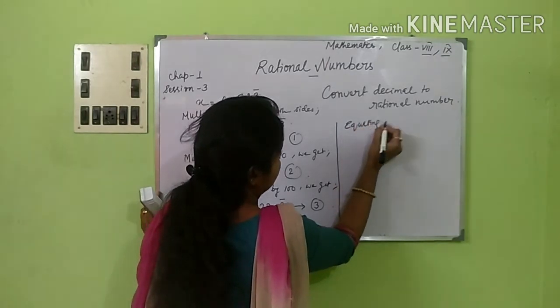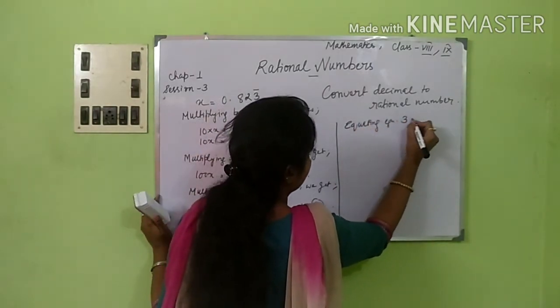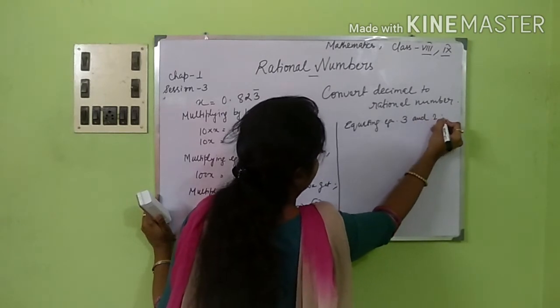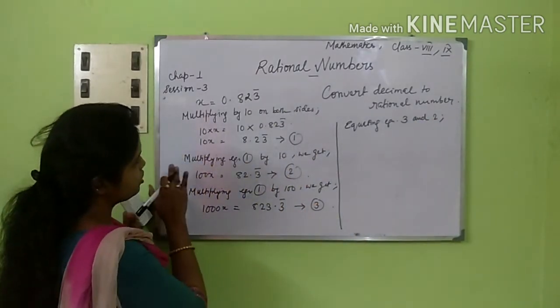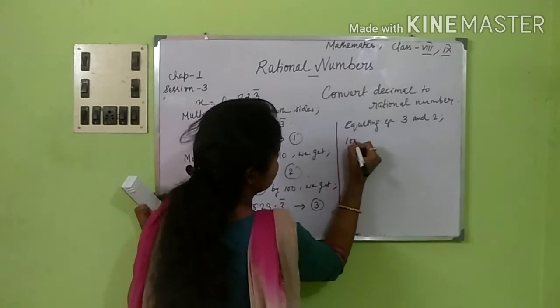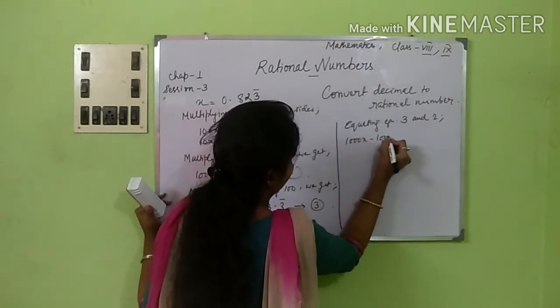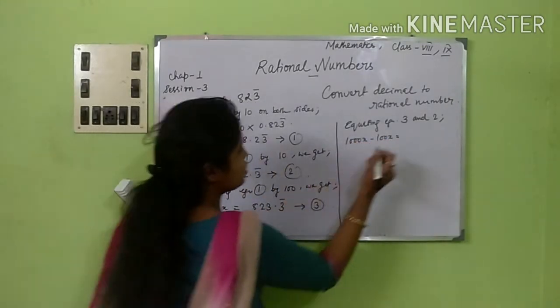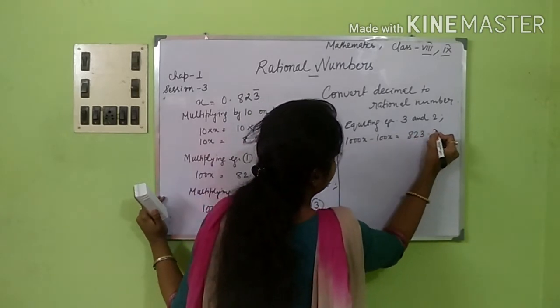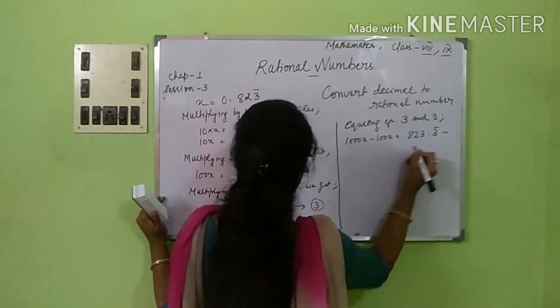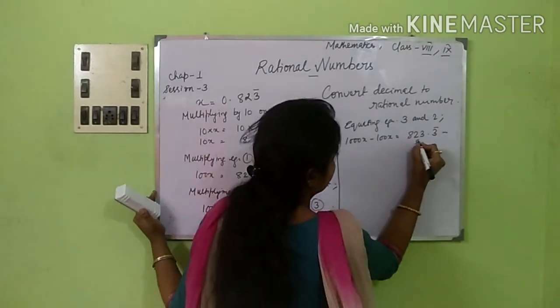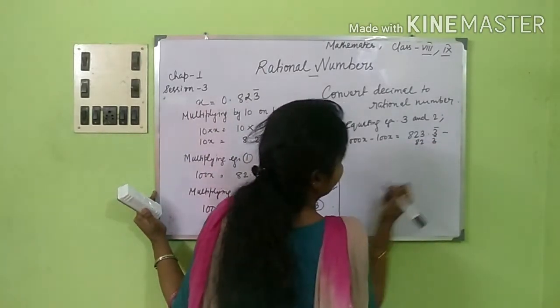Now subtracting equation 2 from equation 3, we get 1000x minus 100x equal to 823.3 bar minus 82.3 bar, right?